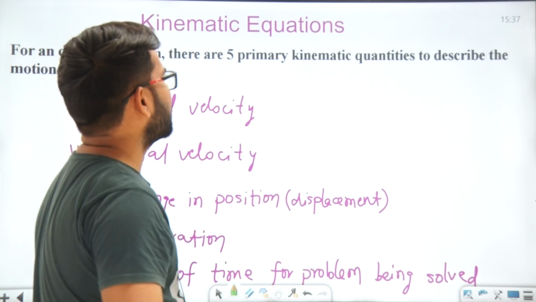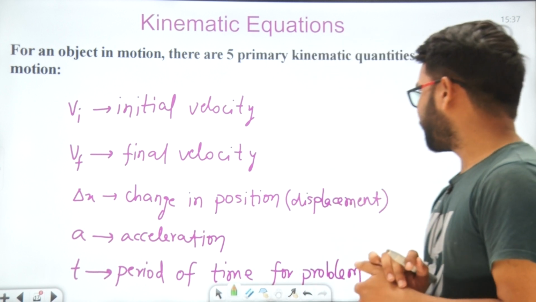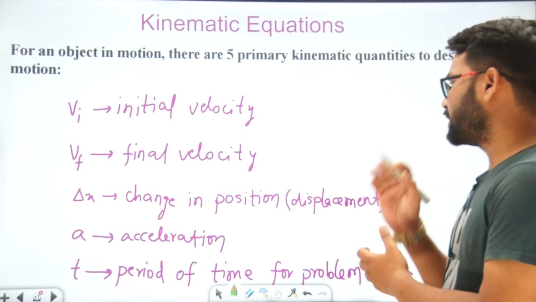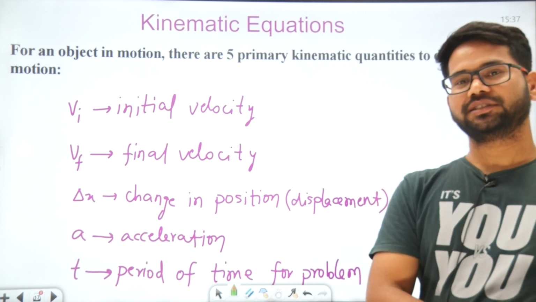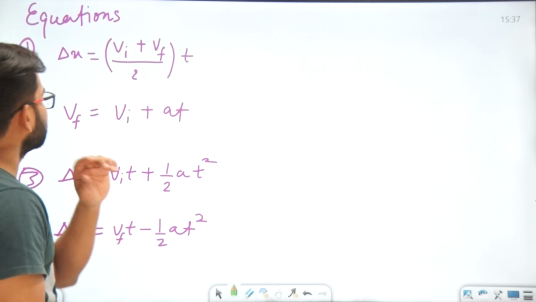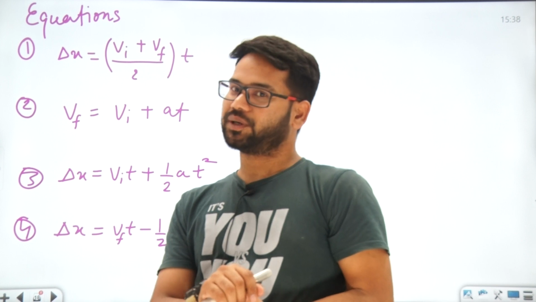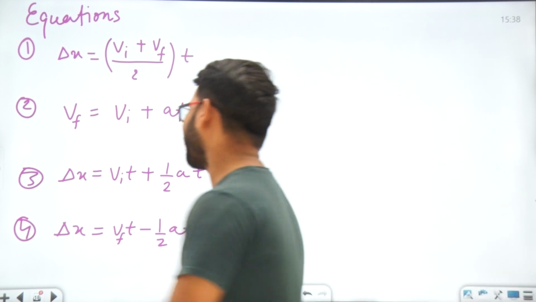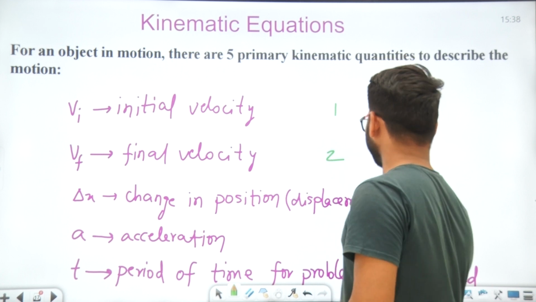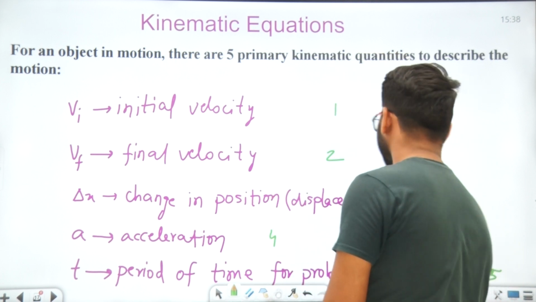For an object in motion, there are 5 primary kinematic quantities to describe the motion: initial velocity, final velocity, change in position or displacement, acceleration, and the period of time for the problem.